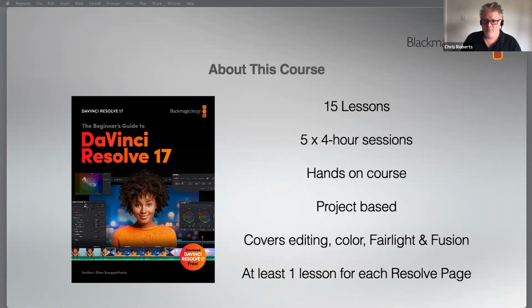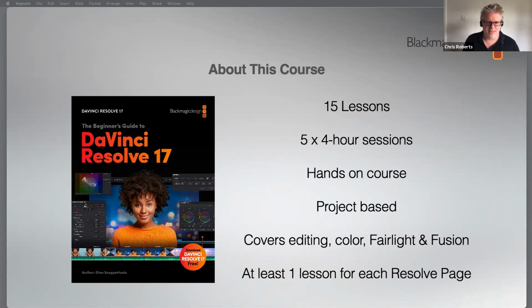And it's also worth pointing out that, as with the previous classes for the beginner's guides, or as it was the introductory guide to DaVinci Resolve, it actually covers elements of editing, color, Fairlight and Fusion. And in actual fact, something to note about this book is that throughout the lessons, there is at least one lesson that covers each Resolve page.